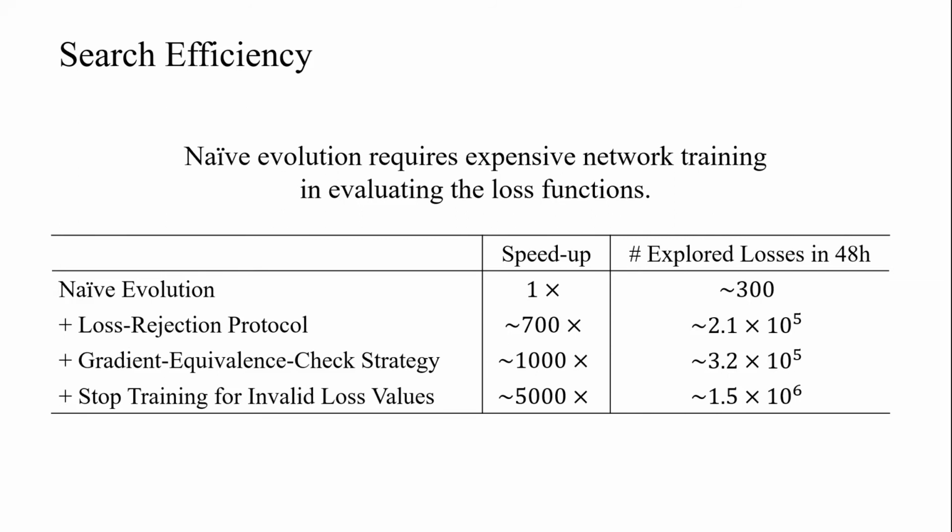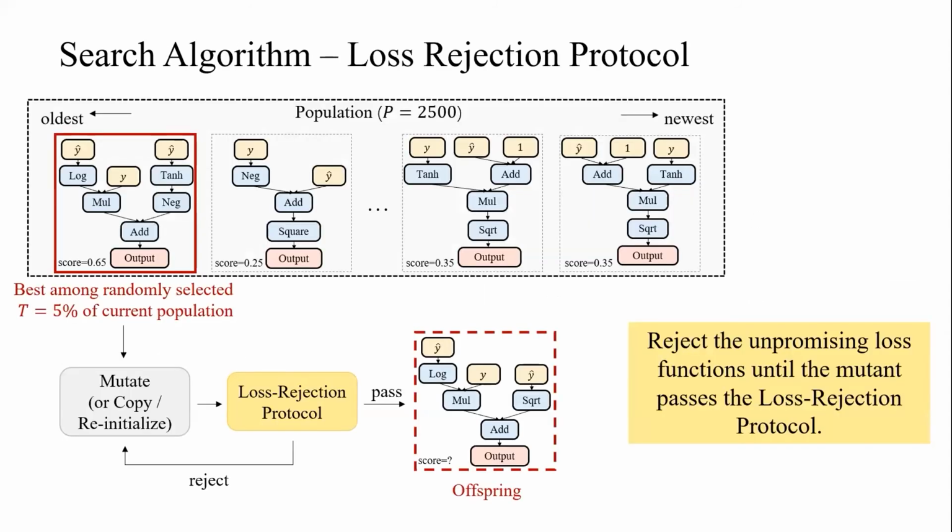They are loss rejection, gradient equivalence check, and a simple one that stops training for invalid loss values. These three techniques can speed up the search by a lot. The loss rejection protocol is used when producing the offsprings.